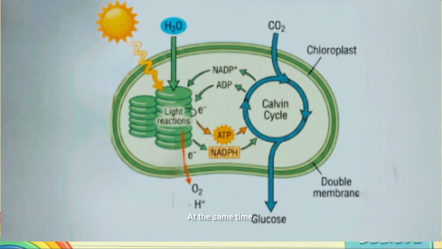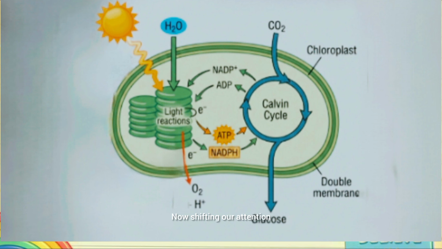At the same time, ADP and NADP+ return back to the thylakoids to participate again in the light reactions. This continuous exchange of energy carriers is clearly indicated by arrows in the diagram.